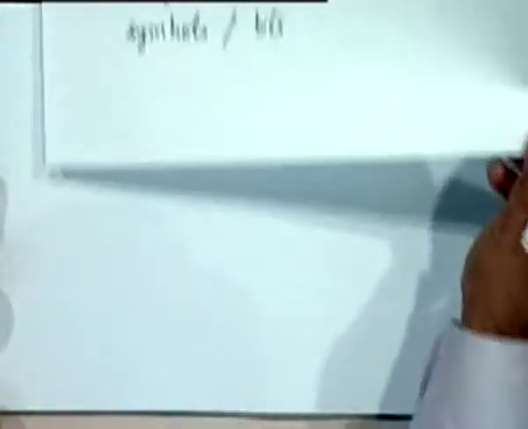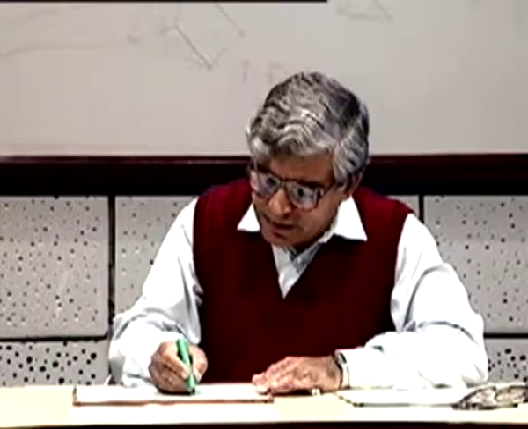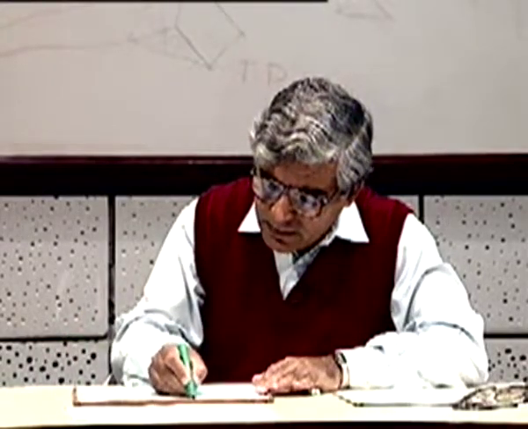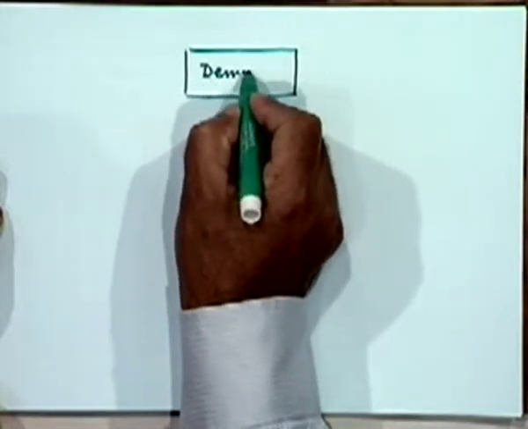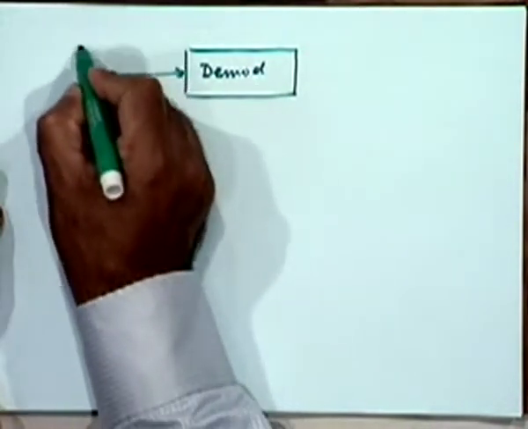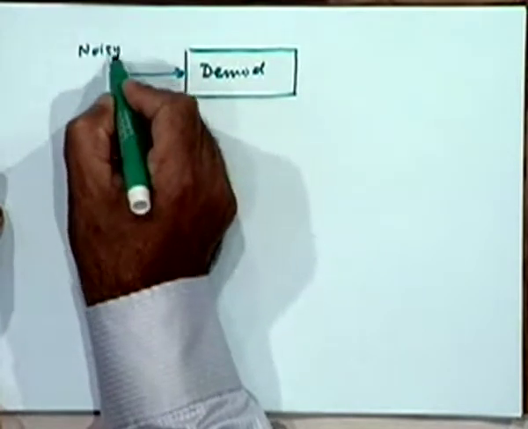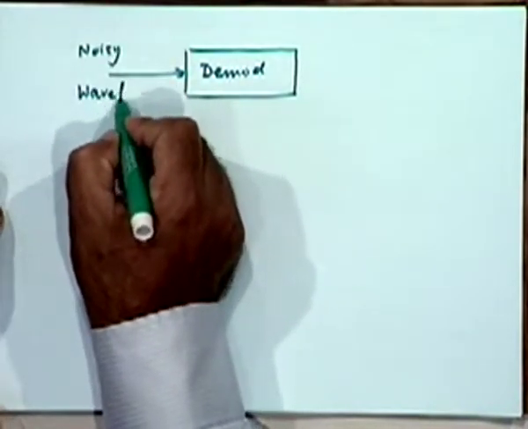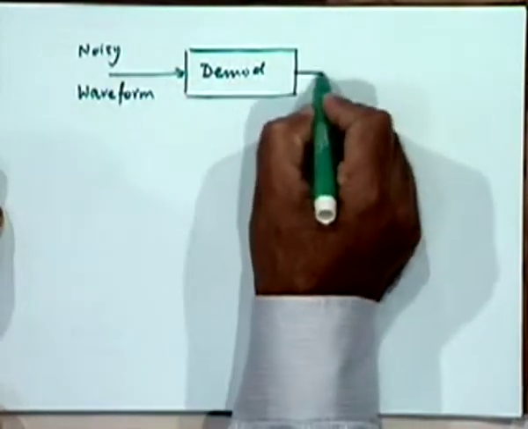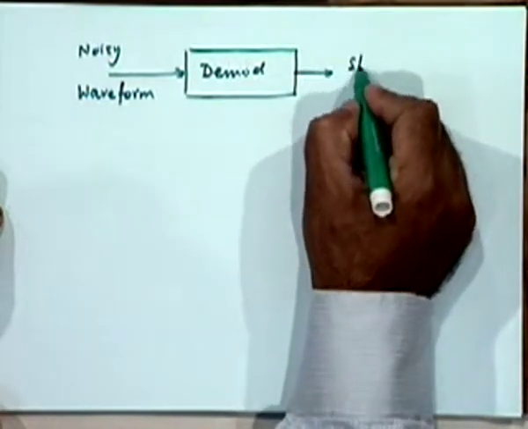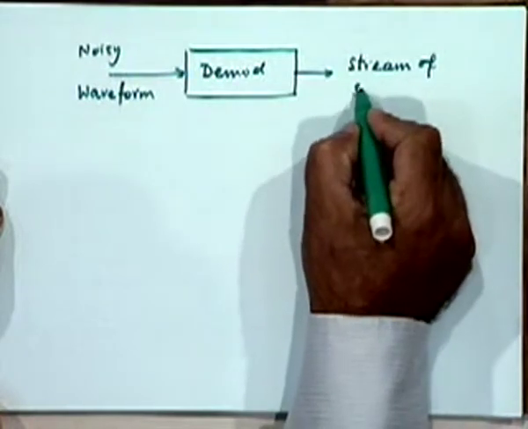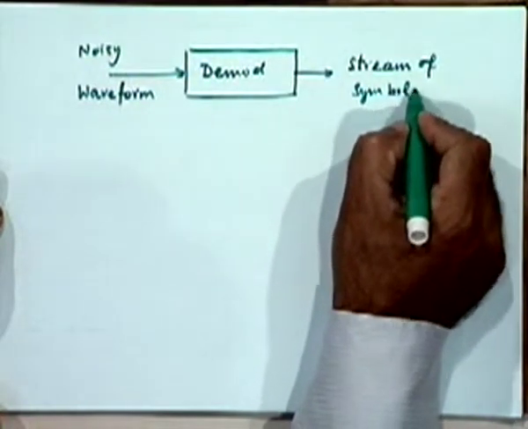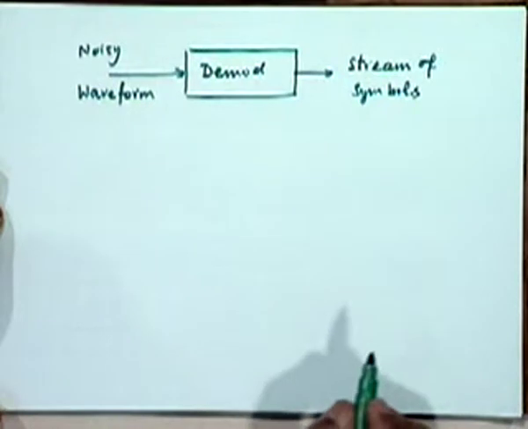So let me put it in the form of a picture really. If you have this demodulator, input is a noisy received waveform and output is a stream of symbols or stream of bits. Okay.